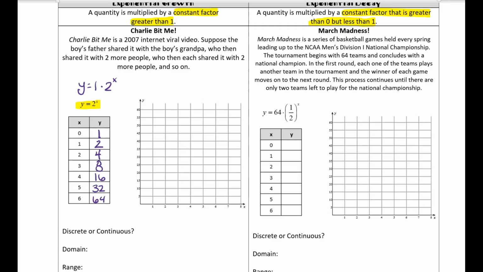So when we go to graph this, we would start at 0, 1, which would be really close down here, then 1, 2, 2, 4, 3 zooms up to 8, and then when we get to the 6th stage, it really zooms up here to 64.